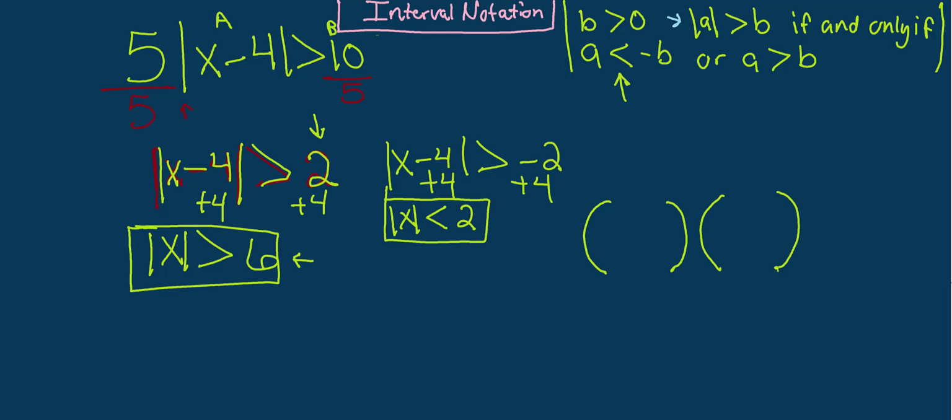All parentheses means is that it's part of your solution, and it's not equal to. Okay, so first let's take a look at our lowest one here, which is x is less than 2.